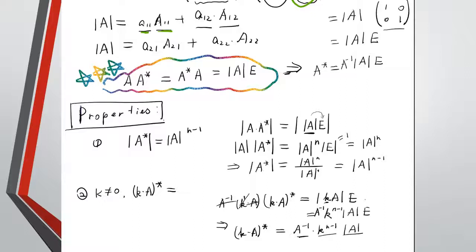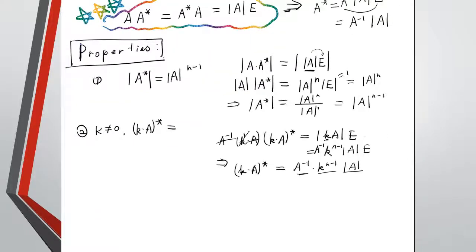Okay, so that's why we have the A star, or to say the A adjoint, equals A inverse times the determinant of A and the E, because the E times this will give us the A inverse again, so we can just write it like that. Okay, so for the same reason, this guy can be further written as A inverse A, because the determinant of A is a number, so we can do the commute operation.